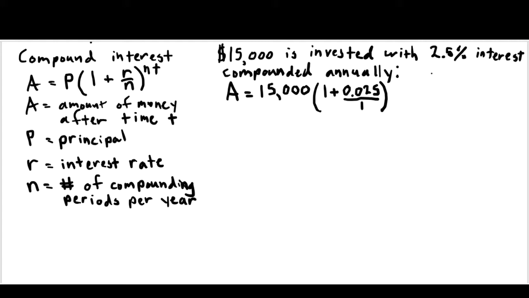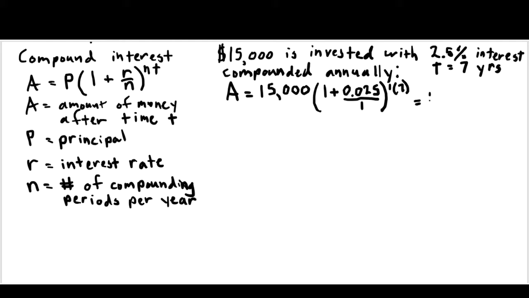There's one other important piece of information that I left off. The money is left in the account for 7 years. So T equals 7 years. Okay. So raised to the power of N times T, N is equal to 1, T is equal to 7, right? So it looks like that.